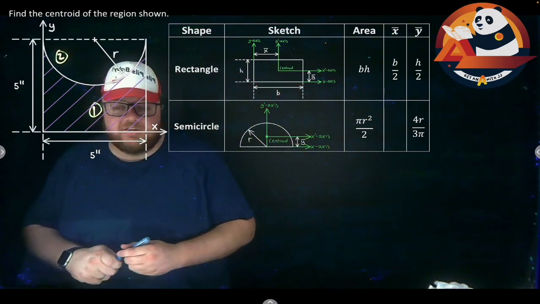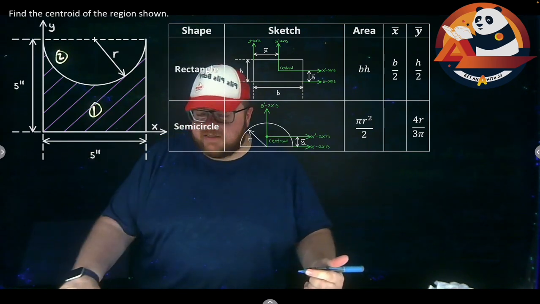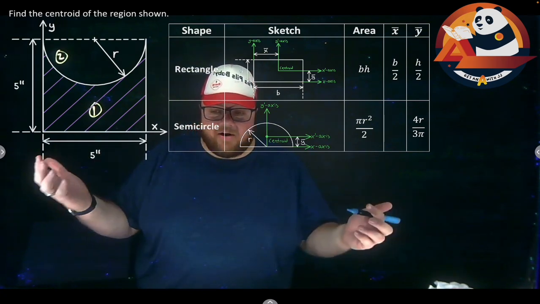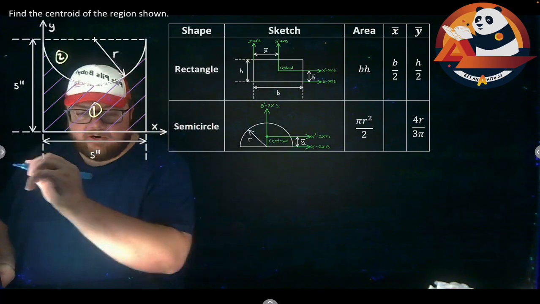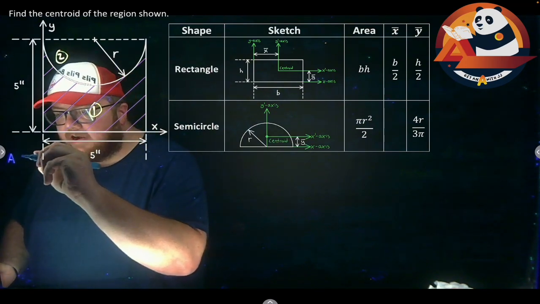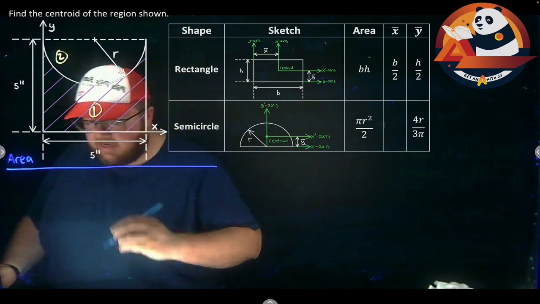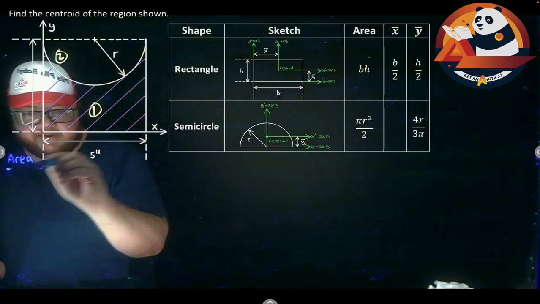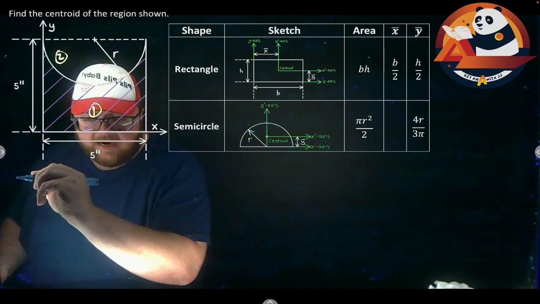So I can break this into two pieces and make a centroid table. It makes our work so much easier to follow, and it lays out exactly like we would if we were building this in Excel. I need a column for my areas. I'll move that down just a little bit so I'm not hitting all of my diagrams.